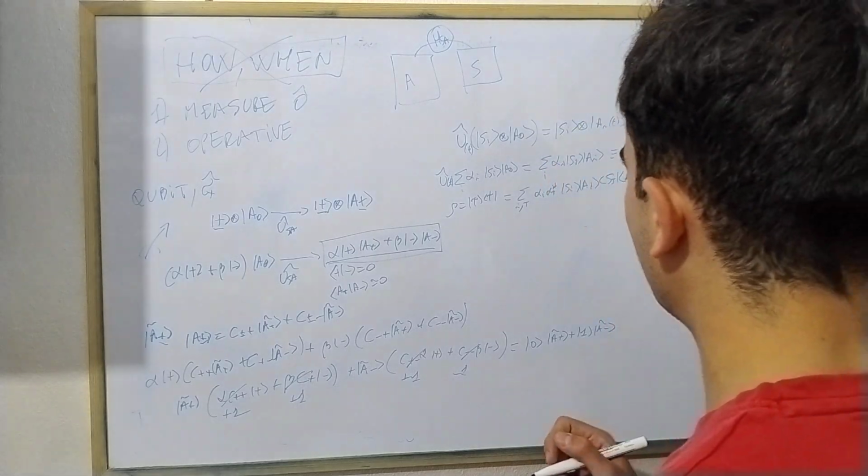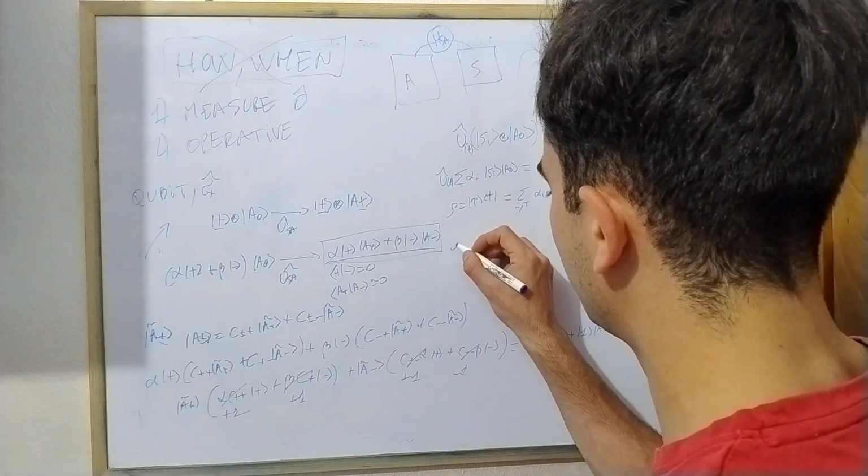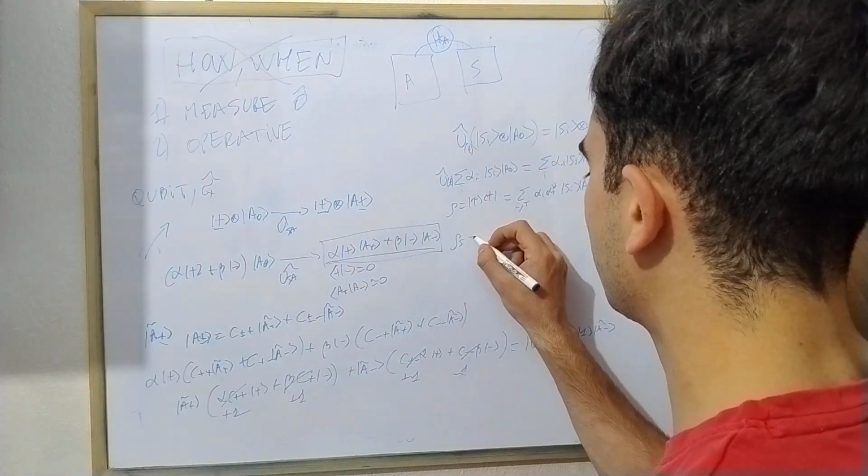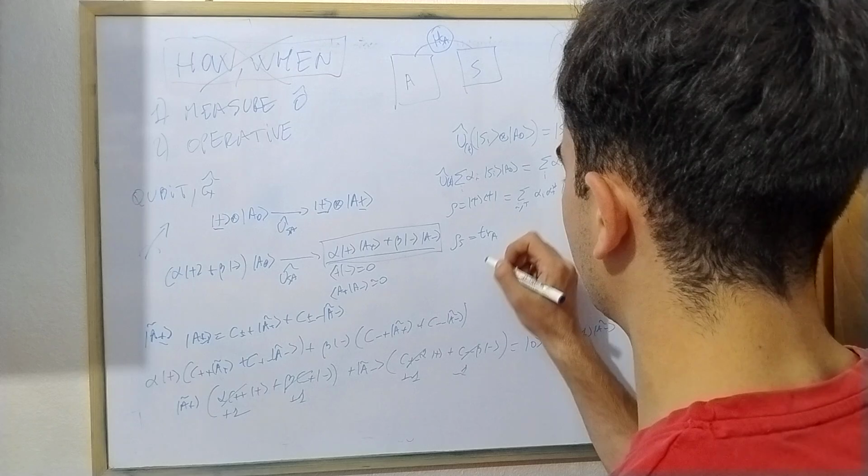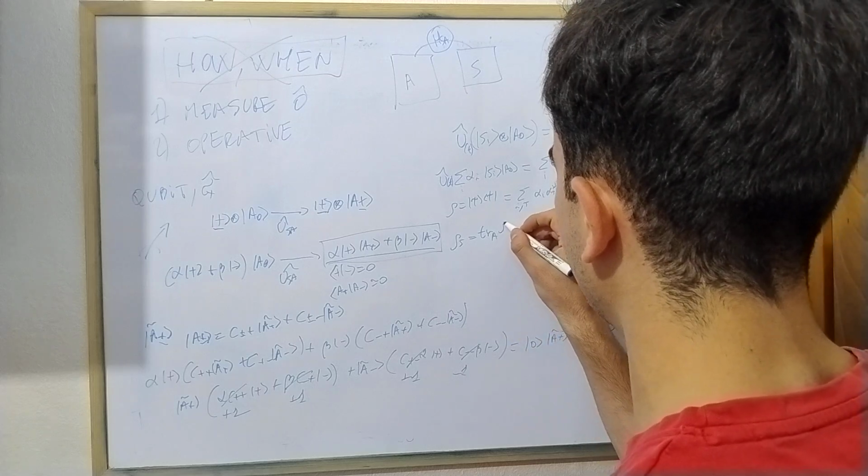And now what we can do is to consider the reduced density matrix of the system, that is the trace over the degrees of freedom of the apparatus of rho.